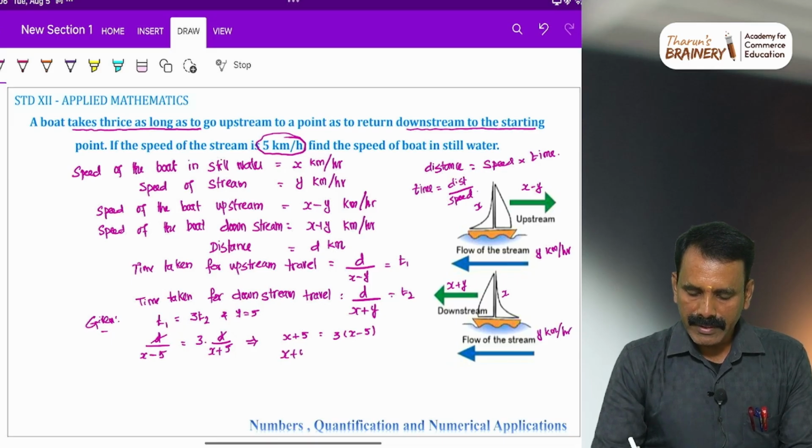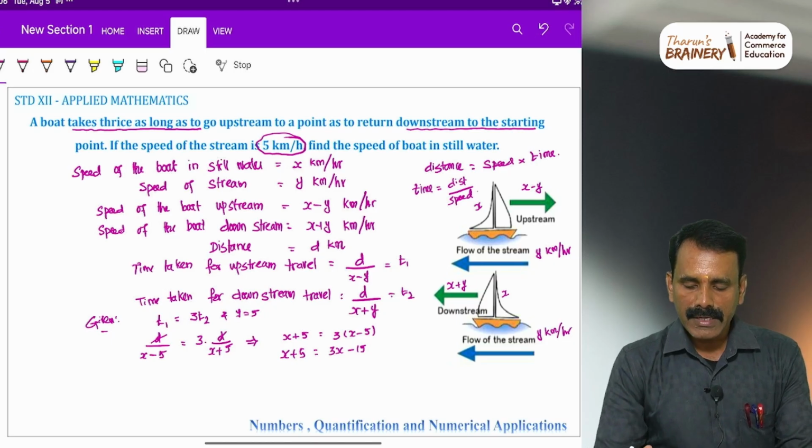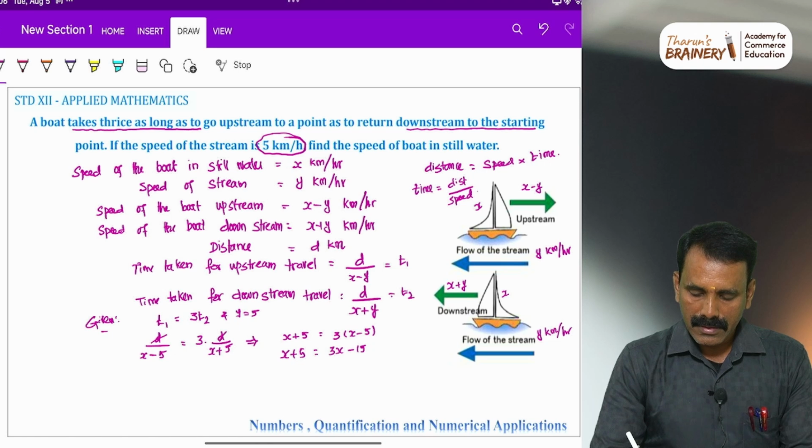So x plus 5 is equal to, we multiply 3 on the other side, so it is 3x minus 3 into 5, 15. So we bring the x term to the left side and the constant term to the other side. So we get x minus 3x is equal to minus 15 minus 5. So we simplify this expression, x minus 3x is minus 2x, this is minus 20.